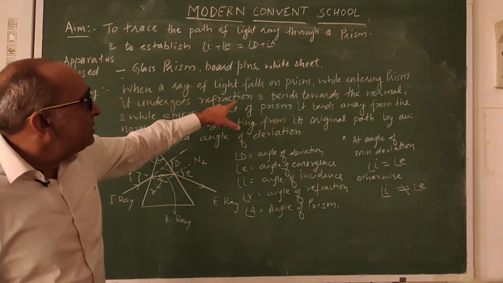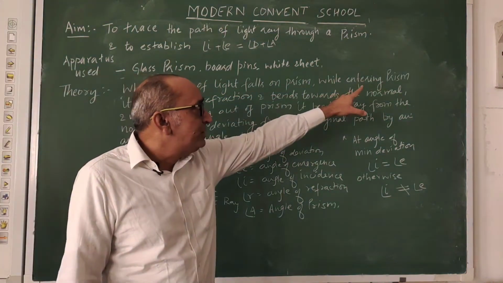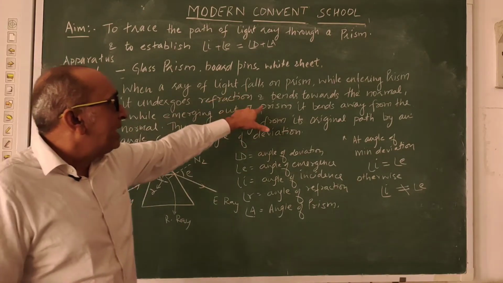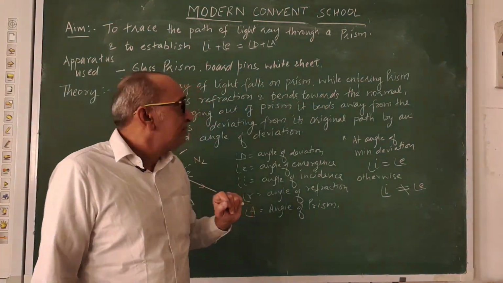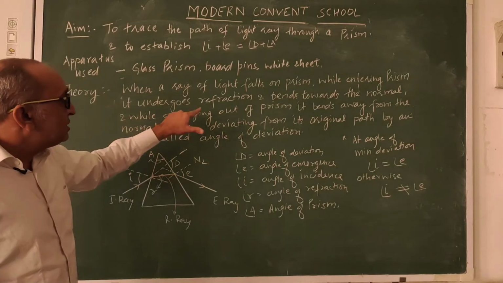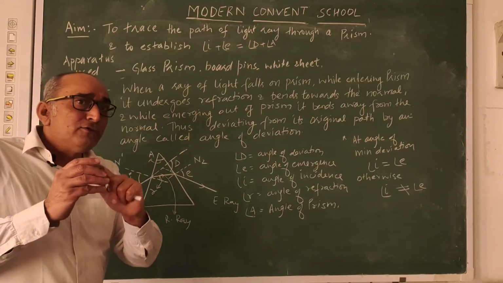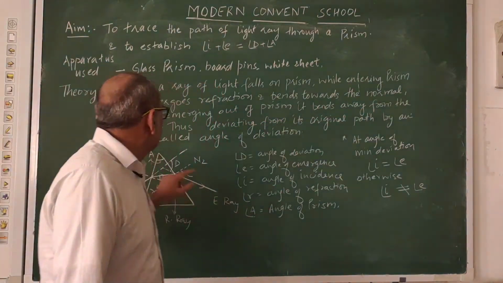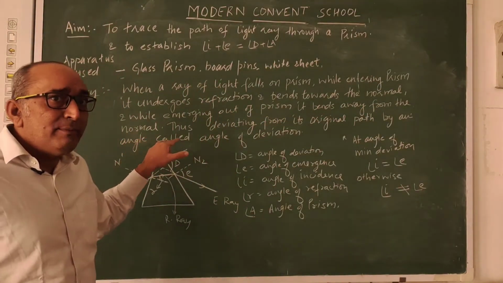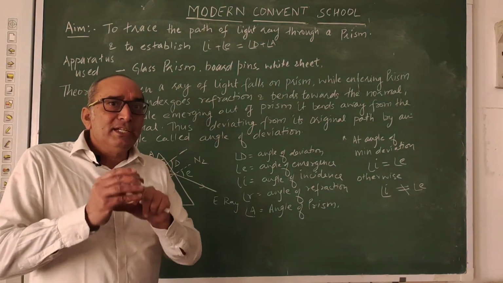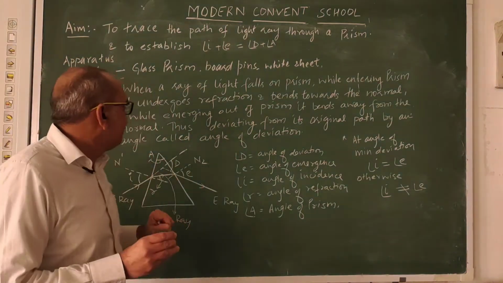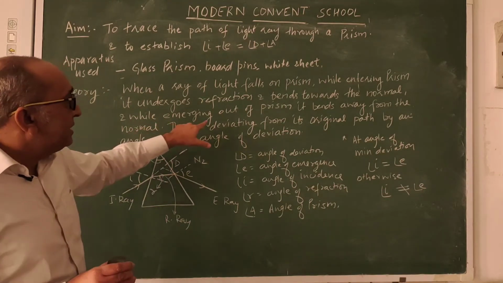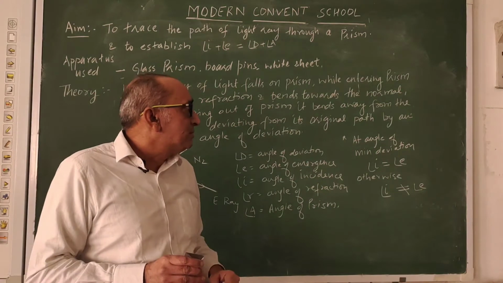So while entering the prism, it undergoes refraction and bends towards the normal. And while emerging out from this prism, it bends away from the normal because this time it is moving from denser medium to rarer medium. So it bends away from the normal, thus deviating from its original path.